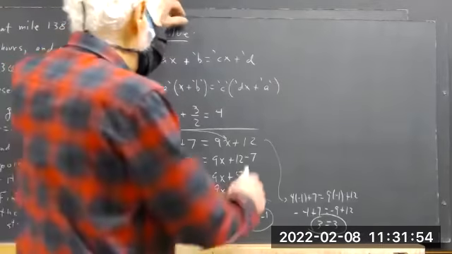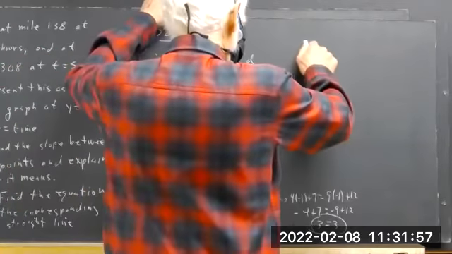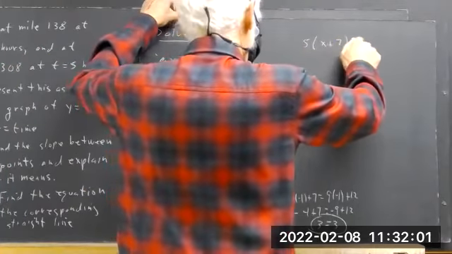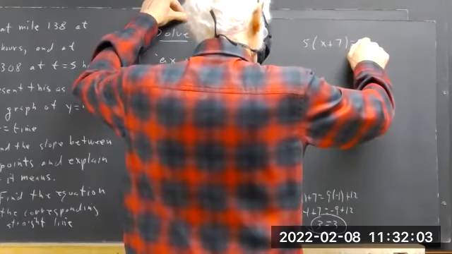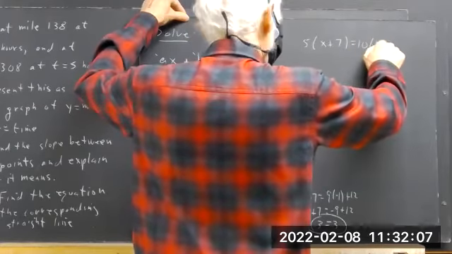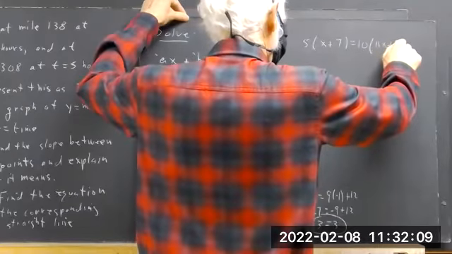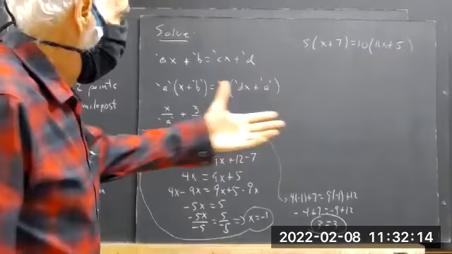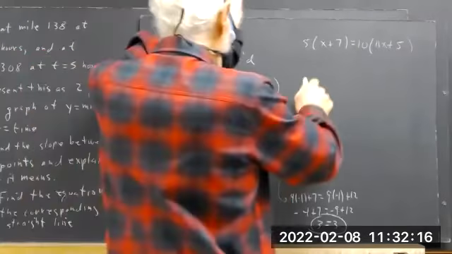So the second equation. Well, let's say we've got 5 times x plus 7 equals 10 times 11x plus 5. Well, we have to use the distributive law.